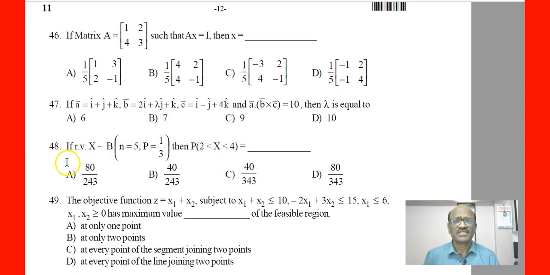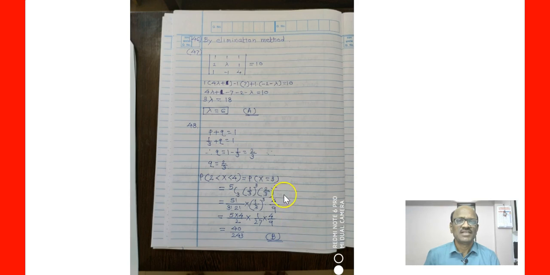Now the next question. If the random variable x follows the binomial distribution, n is equal to 5 and p is equal to 1 by 3, then find the probability where x lies between 2 and 4. Again this is the question: p plus q is equal to 1, p is 1 by 3 and q is equal to 2 by 3, and x lies between 2 and 4, but n is equal to 5.